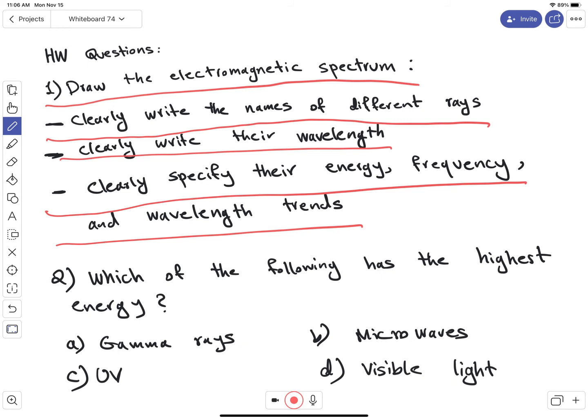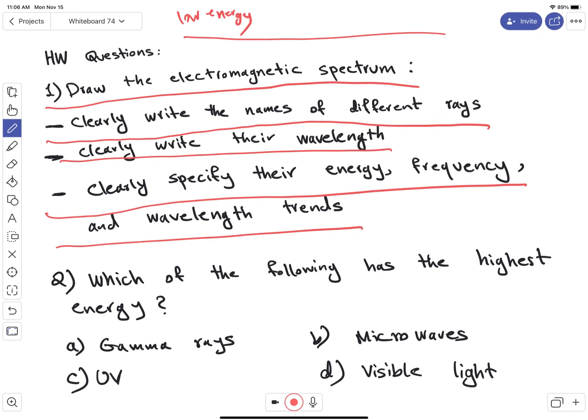So what I'm saying is that when you write these trends, for instance, here you say this is low energy, and here this is high energy.